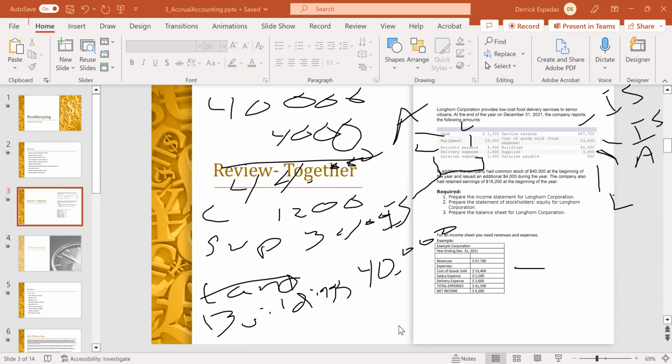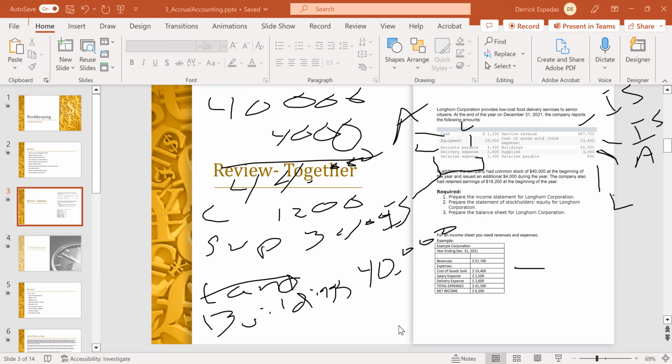We didn't have any additional. We haven't talked about it, but there's treasury stock, which is when we buy back our stock. So we calculate that up to be there.